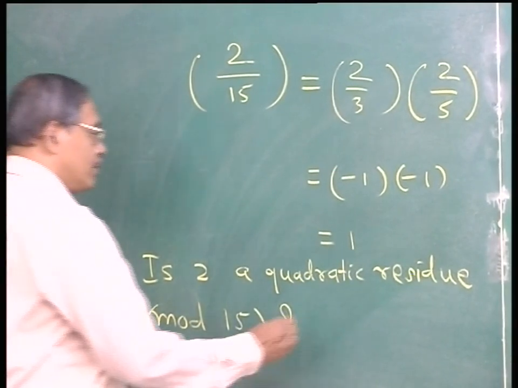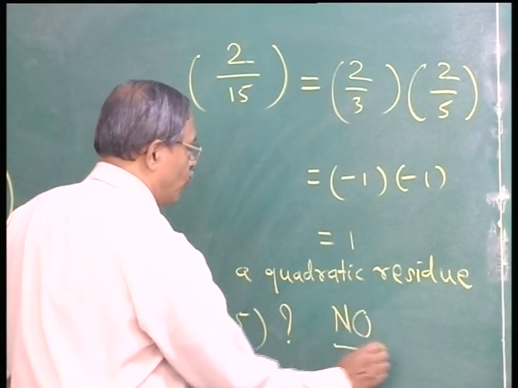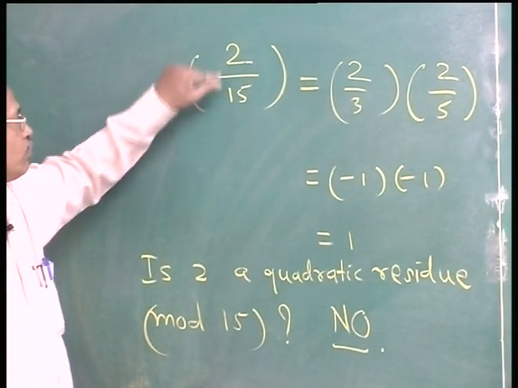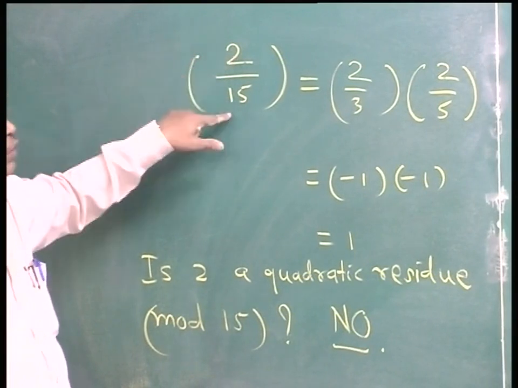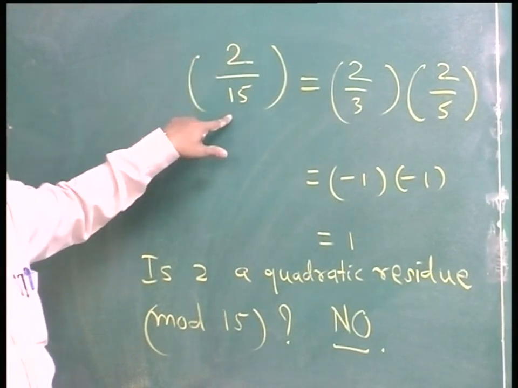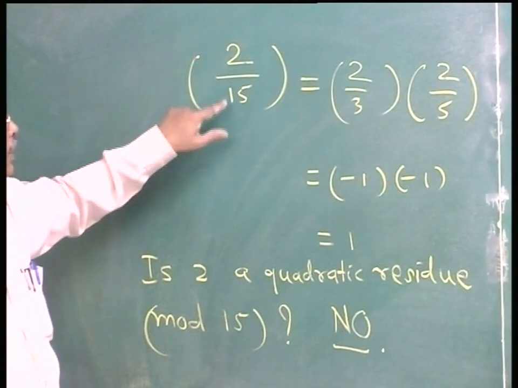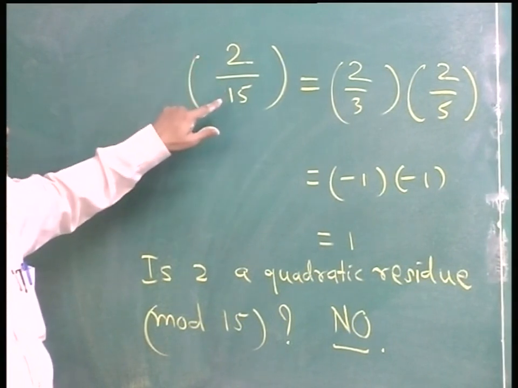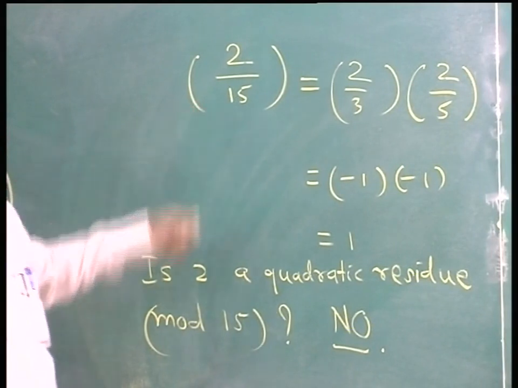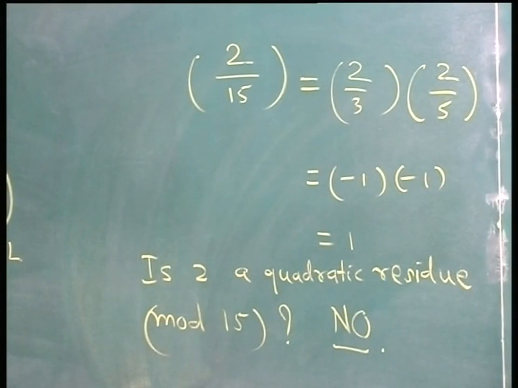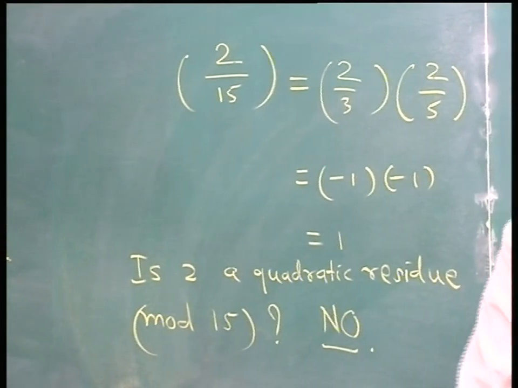Because the answer is no. 2 is a quadratic residue mod 15 means x square congruent to 2 mod 15 is solvable. 2 is a square of something mod 15. But if 2 is a square of something mod 15, then it is a square of something, that thing mod 3 also, mod 5 also. And that is not the case.